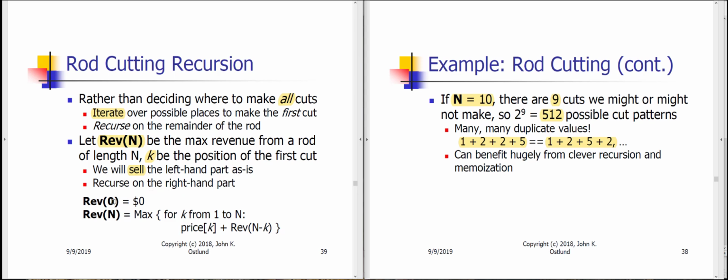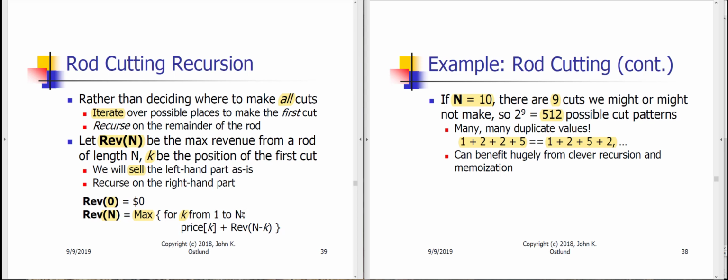All right, well, if we have no rebar, we're going to get $0. On the other hand, if we have an N-foot piece of rebar, then the maximum revenue that we can possibly get is going to be the maximum that we can get given where our first cut is made, with that first cut going from 1 foot to N feet.